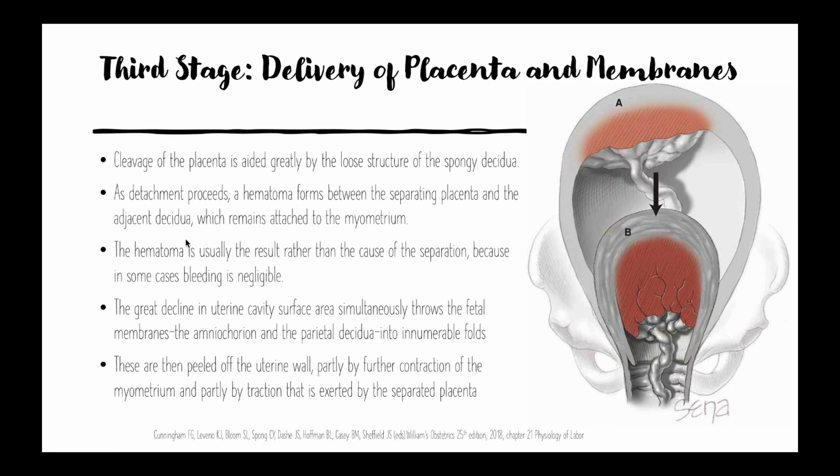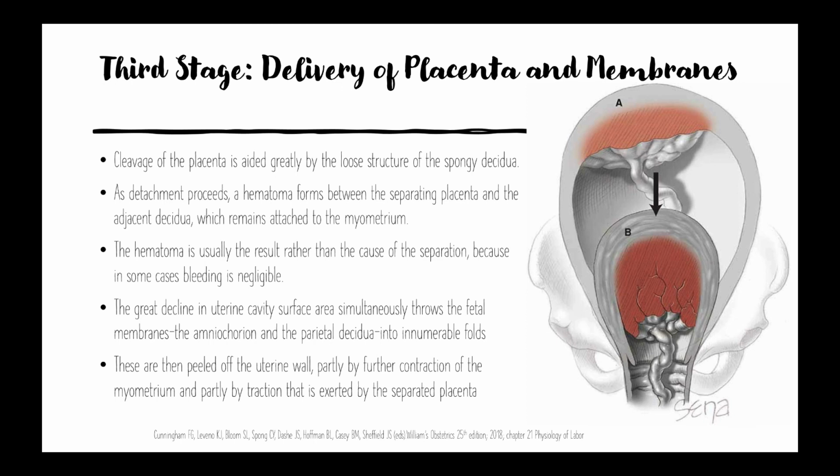Cleavage of the placenta is aided greatly by the loose structure of the spongy decidua. As detachment proceeds, a hematoma, such as in this picture, forms between the separating placenta and the adjacent decidua, which remains attached to the myometrium.